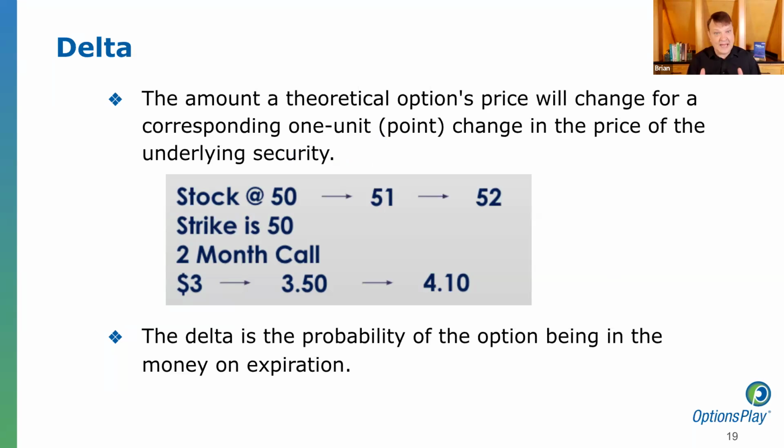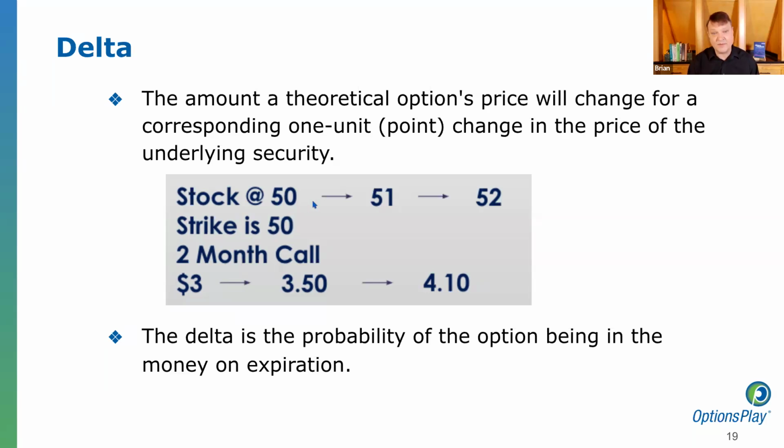And if you have a scenario where we were talking about the stock being at 60 and you're buying the 65 strike option contract, somebody said, well, if I knew the delta, I would know how much my option should have moved. Well, let's look at a scenario where we just have an at-the-money option contract. So the stock is 50, strike is 50. At that moment, our delta is going to be close to 50. And I'll explain why.